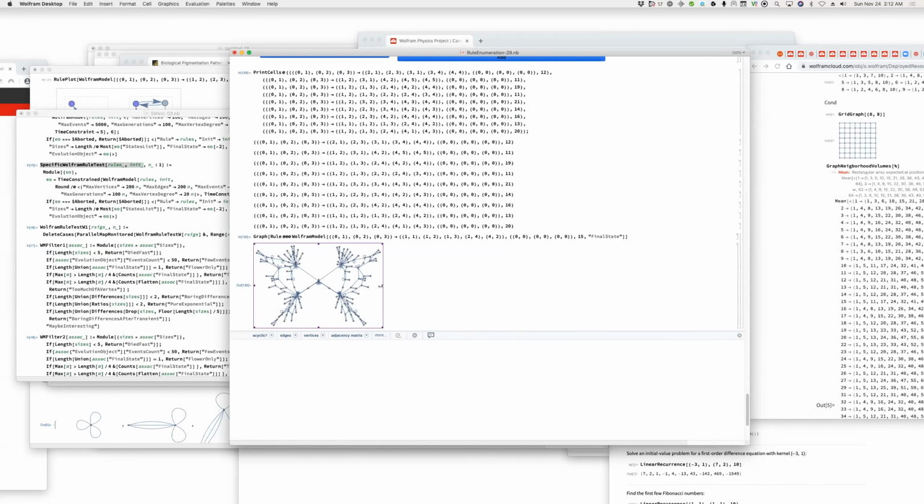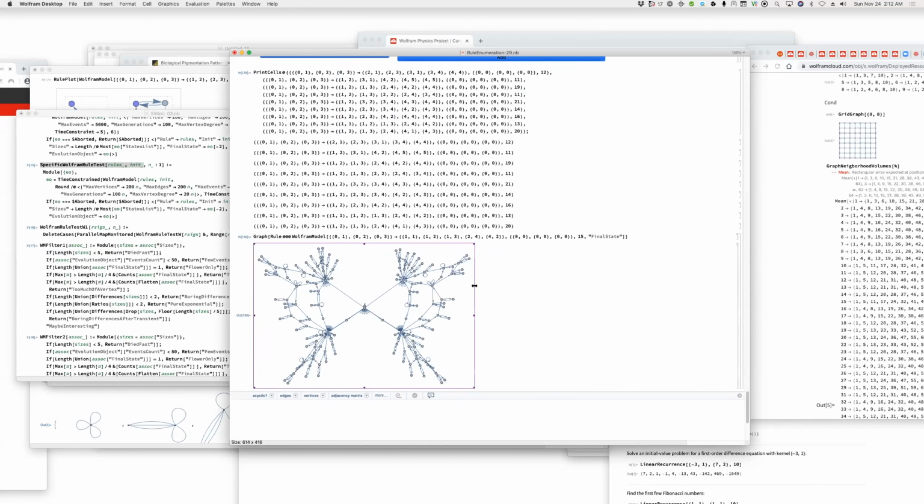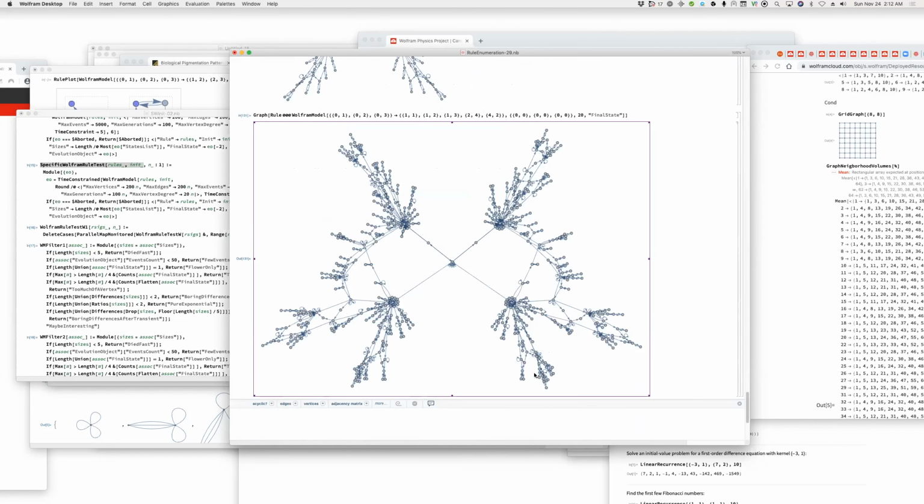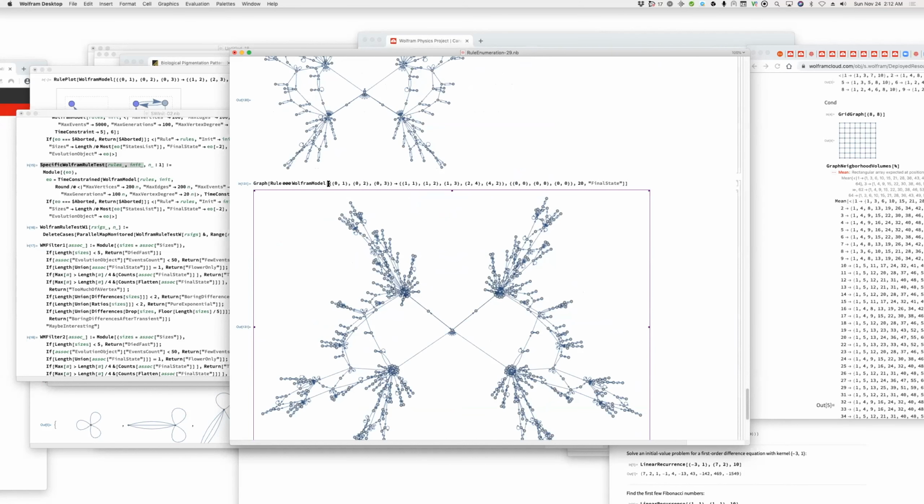We really haven't seen that many symmetric ones. Yeah. What does the rule look like?